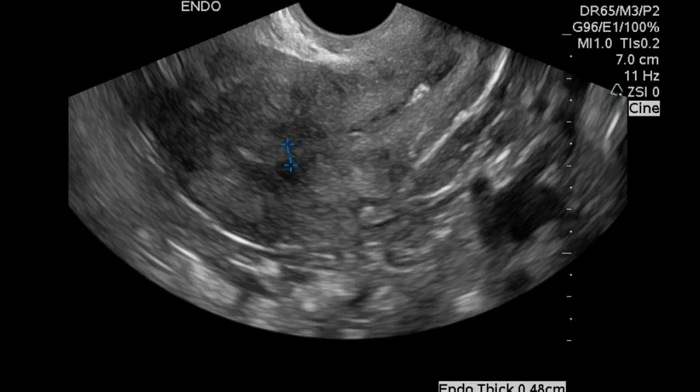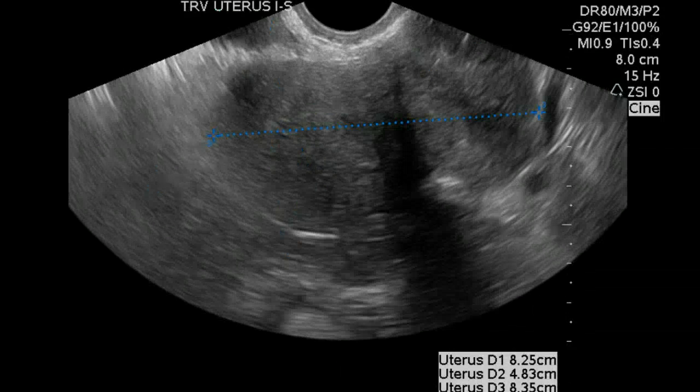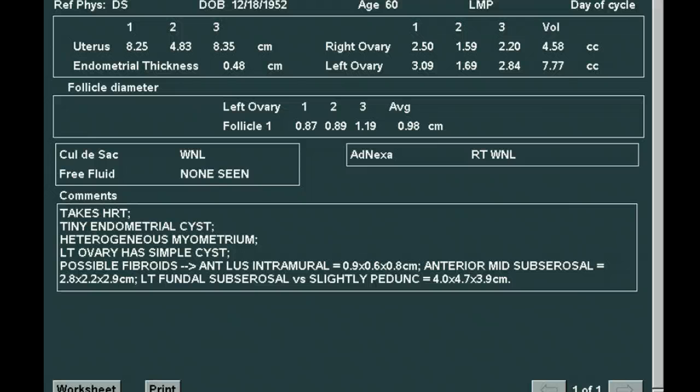It has normal flow characteristics. Again, I get the sense that we're not measuring this endometrium in its full amount. We're going to remeasure the uterus here. So uterine size is okay. Endometrial thickness was 4.8 millimeters maximum, but we're not really sure about that. So there was this left ovarian follicle, tiny endometrial cyst. I didn't really catch that.